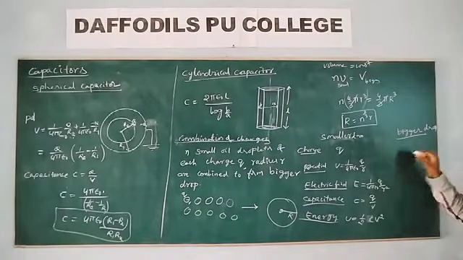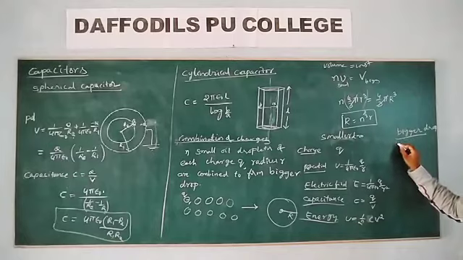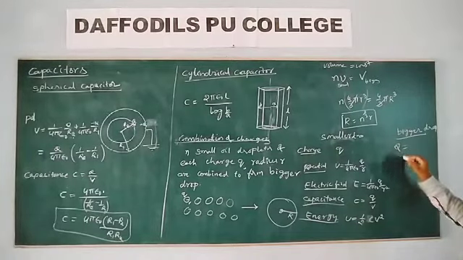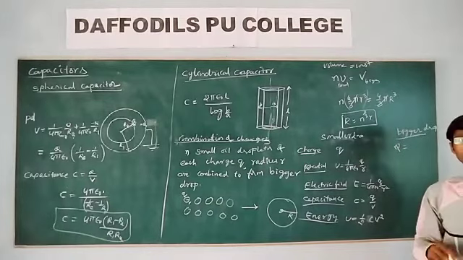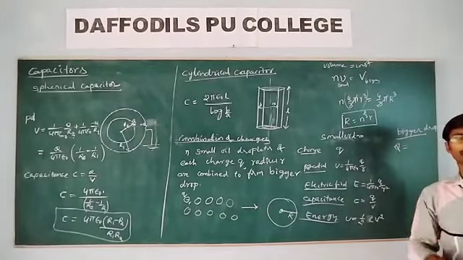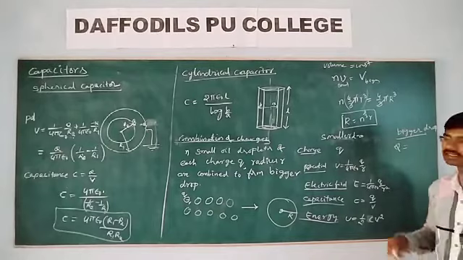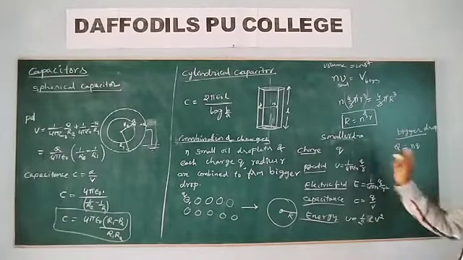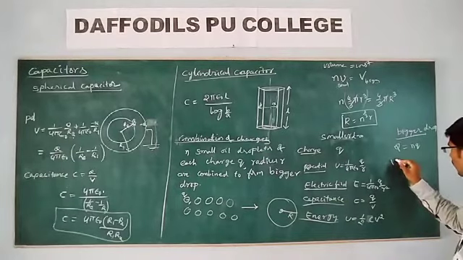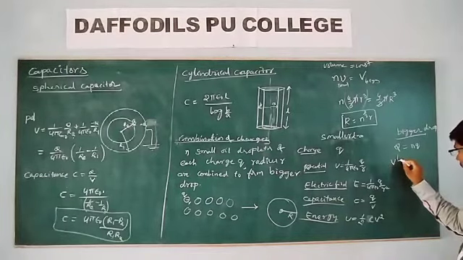What is the charge? Tell me, from quantization of charge, what is the total net charge on any system? The total charge of the system is an integral multiple of the number of charges. Is it? N into Q. That is for the small drops. Then what is the potential on the bigger drop? V dash.